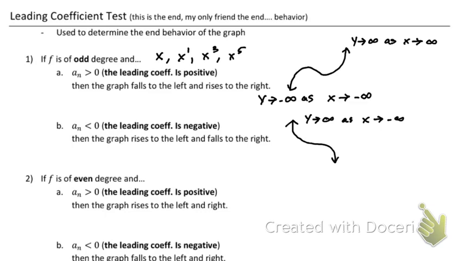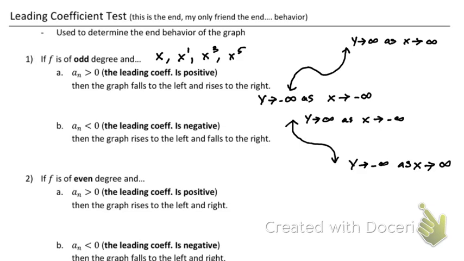And then we write down here, well, y would go to negative infinity as x goes to infinity. So these are for all odd polynomials. You just have to look at the lead coefficient.